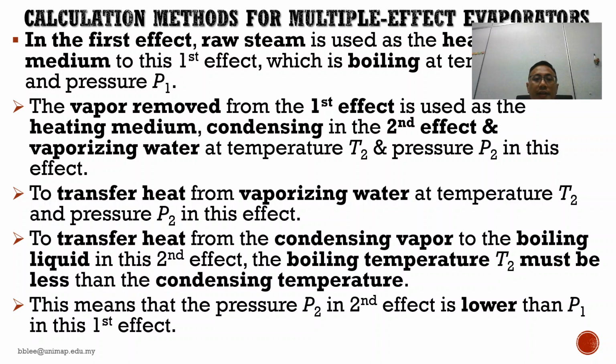To transfer heat from the condensing vapor to the boiling water in the second effect, the boiling temperature T2 must be less than the condensing temperature, obviously. This means that the pressure P2 in the second effect is lower than P1 in the first effect. So the pressure will go down from the first effect to the second effect.